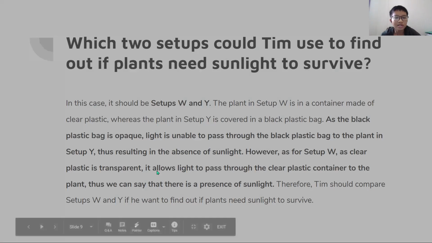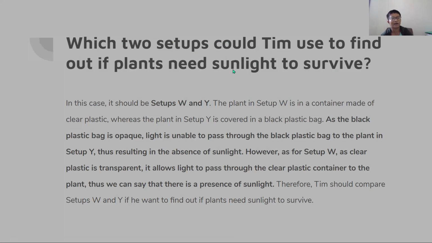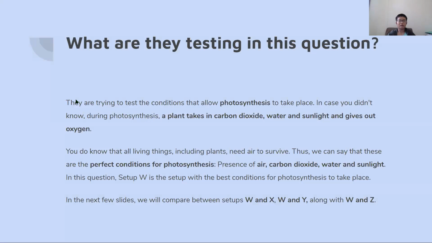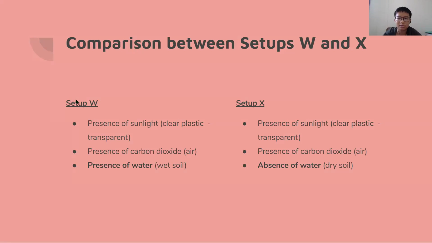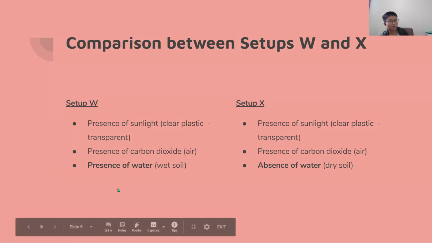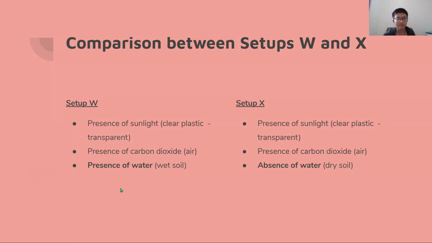So now, let's compare which two setups Tim could use to find out if plants need sunlight to survive. So sunlight, the main keyword. Let's look back at the comparisons, alright? Comparison between setups W and X is the presence of water and the absence of water respectively.